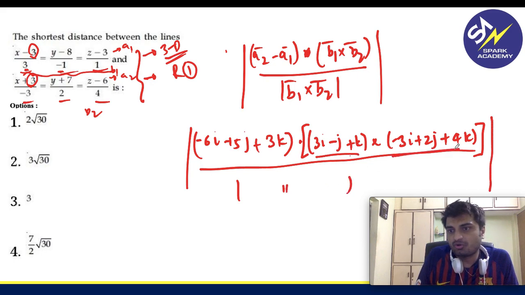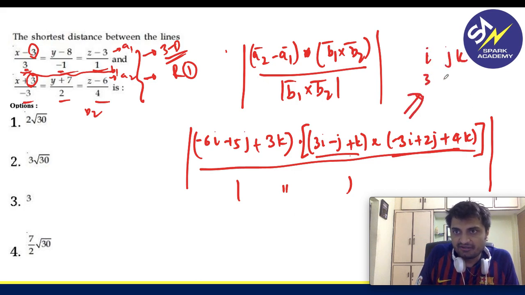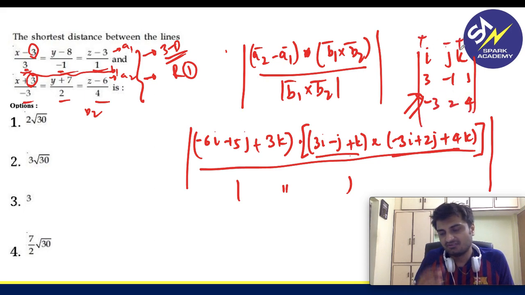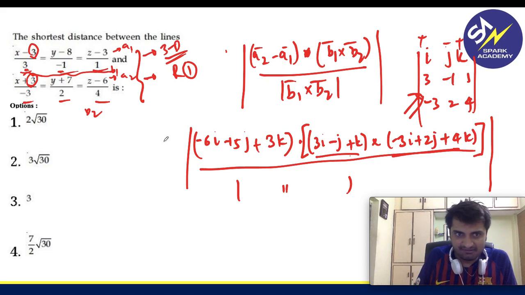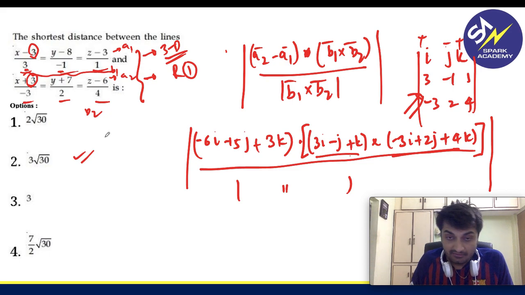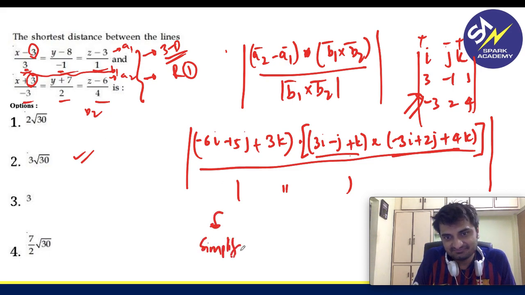How do you do this? You know how to do cross product. You can take i, j, k, then 3, minus 1, 1, then minus 3, 2, 4, with signs plus minus plus, right? Simplify, simplify, simplify, you will be getting the answer. Again, simplification, guys, I want you to do it. Simplification is DIY.